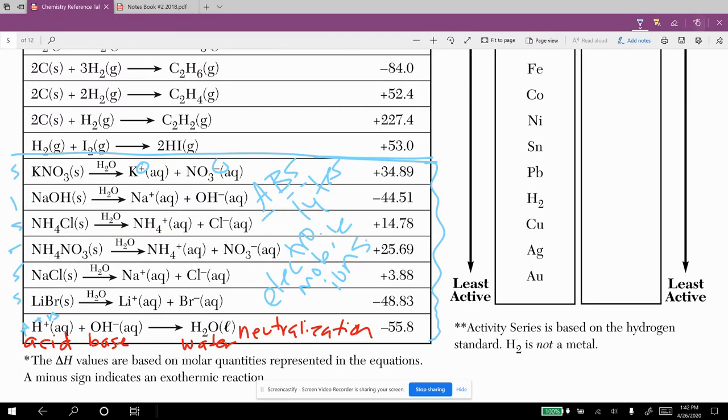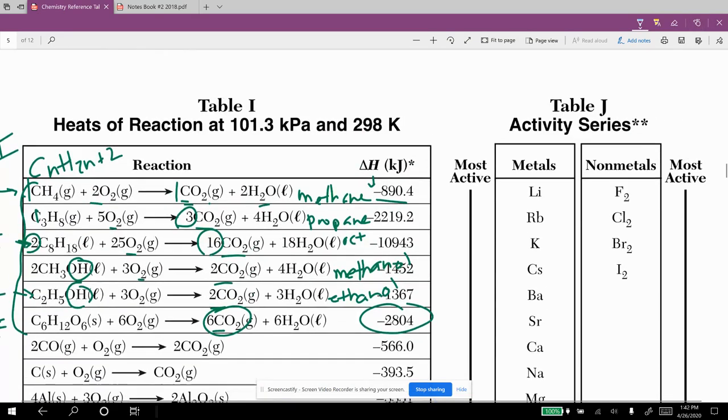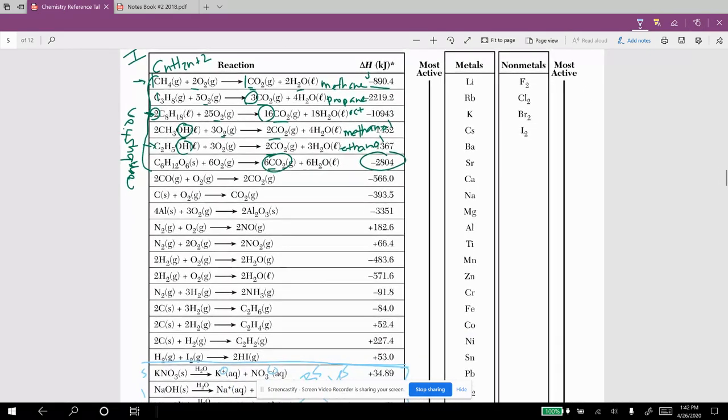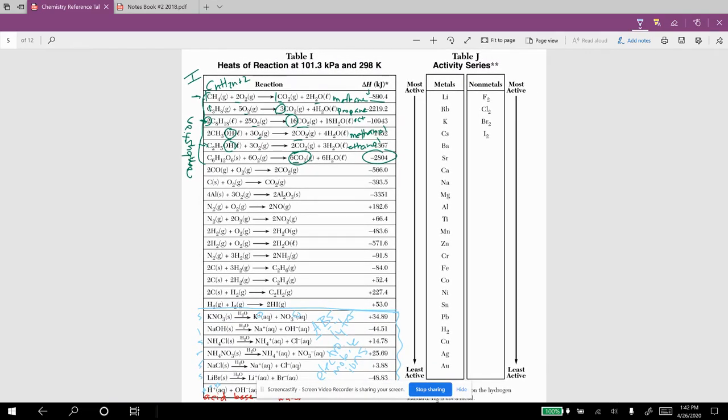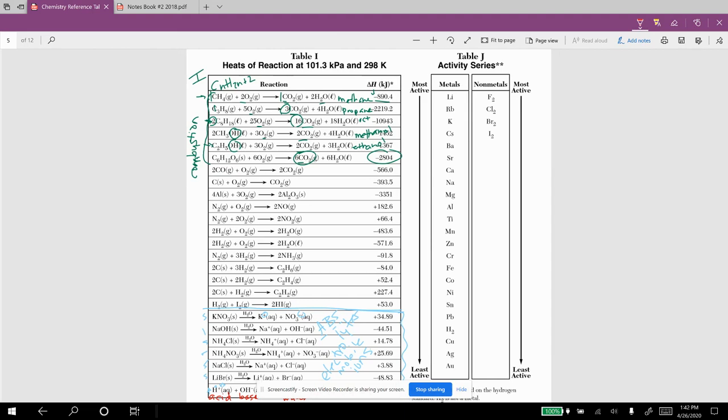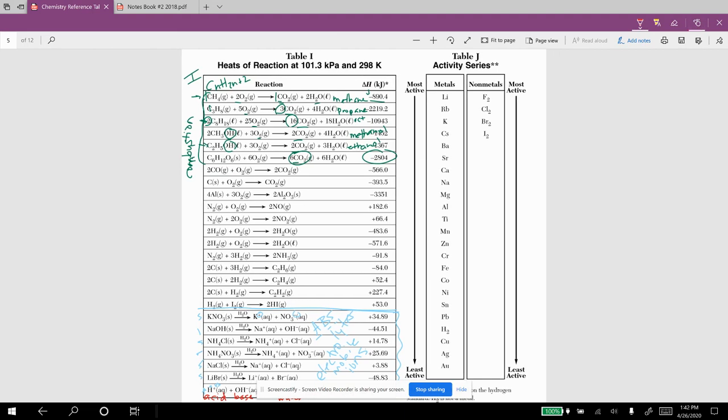So let's take a look at our table J. Oh, nice that it's right here next to our table I. Okay. Acids, I will switch back to red because I like red for an acid. Anything above hydrogen, all of these react with an acid to produce that hydrogen gas.